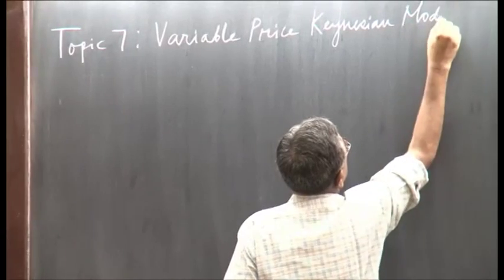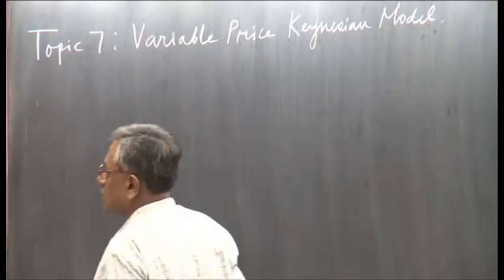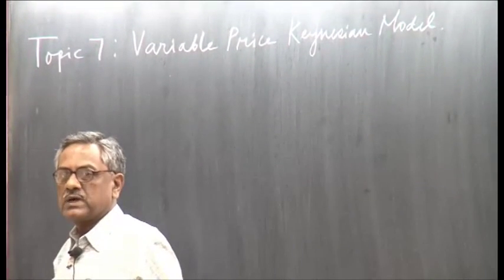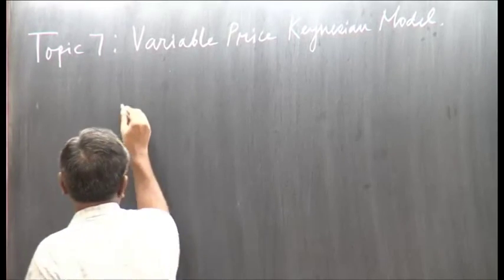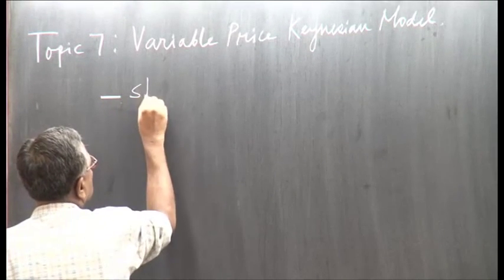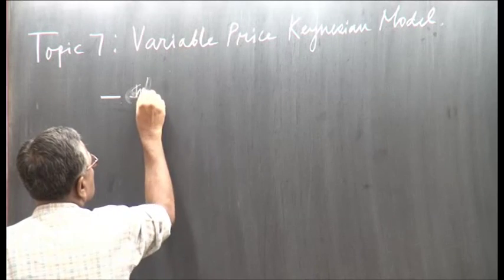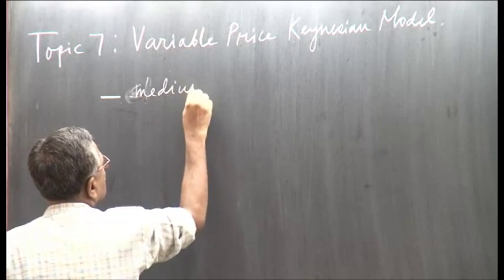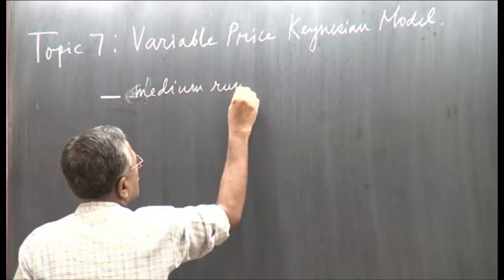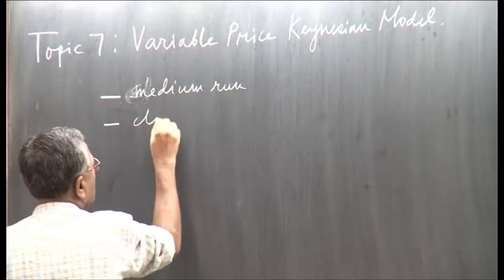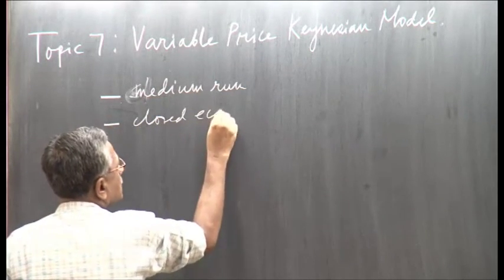Variable price Keynesian model. Now, it's a complete model. Short run, it will be a medium run. Closed economy model. That means no exports and imports.